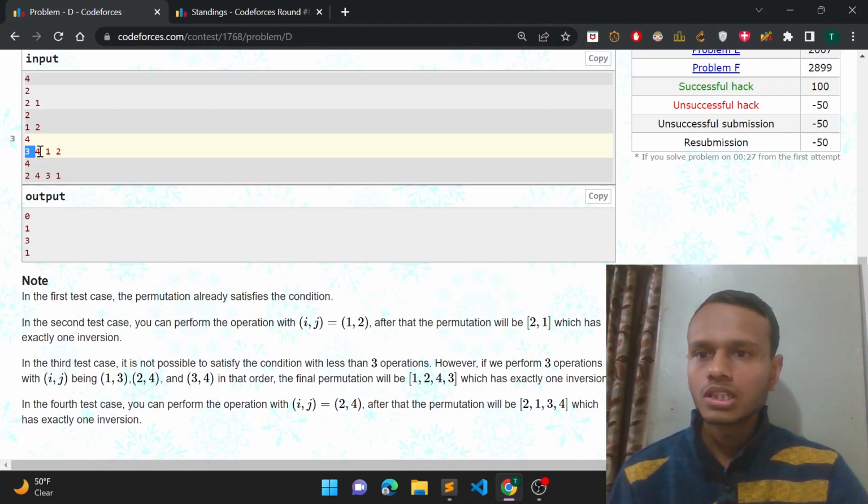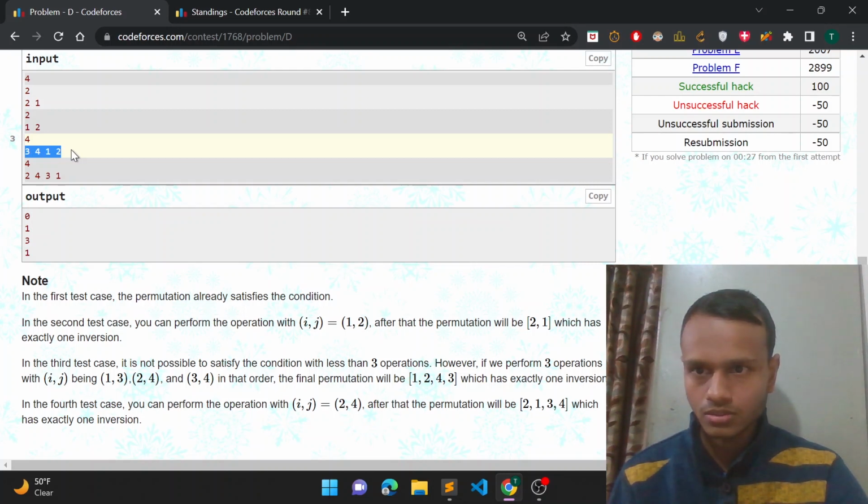So according to that, we have to restructure this whole permutation. And for that, they are taking three operations. So we can swap 1 and 3, then 1 comes to the first place.